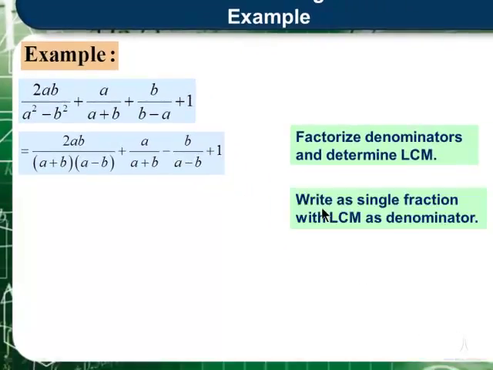So here we go. Write this particular sum now as a single fraction with the lowest common multiple of all the denominators as the new denominator of the consolidated algebraic fraction.